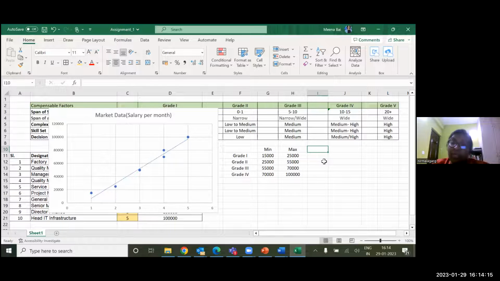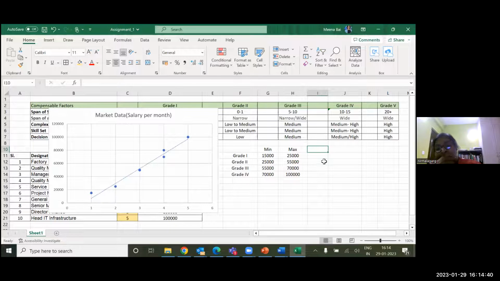You can allocate your benefits and perks based on the grades. For example, a grade 1 person is entitled to maybe an HRA, a car allowance, an internet allowance. So based on the grades, you can say grade 1 is entitled to these allowances, grade 2 to these, grade 3 too, both in amount and in kind.